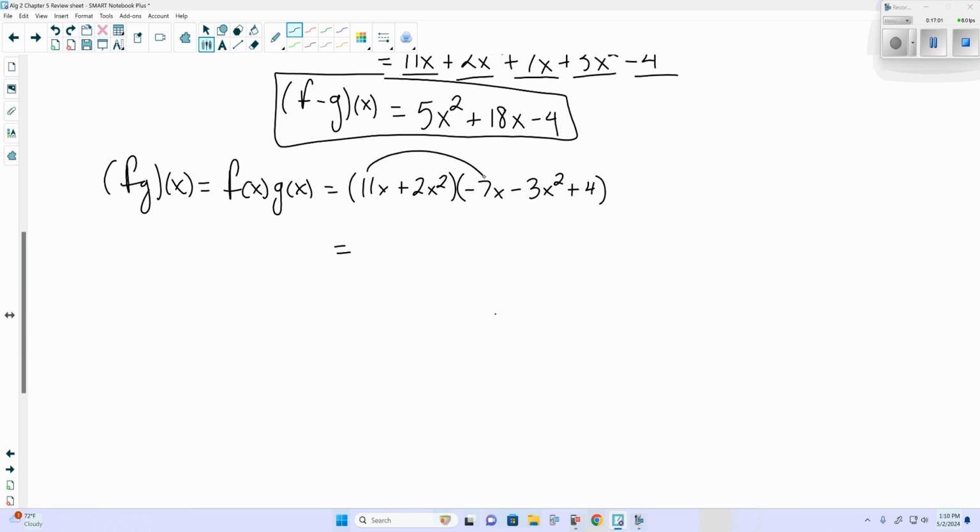Now, once we have this set up, we just need to multiply through. We do need to be careful because neither one of these are written in standard form. Because 11x times negative 7x is going to be negative 77x squared. 11x times negative 3x squared is going to be negative 33x cubed. And 11x times 4 is plus 44x.